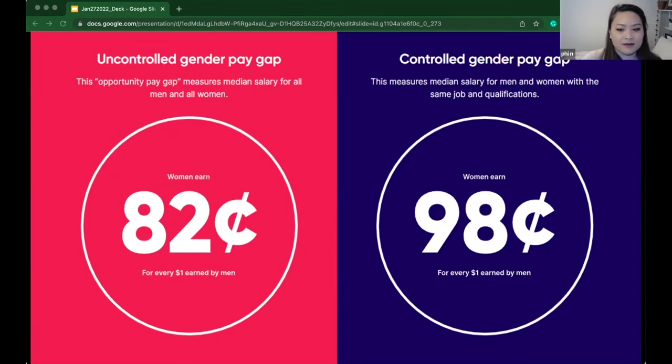And so I think many of you have seen those statistics, like Black women make 54 cents to the dollar, or Native women make so much. That is referring to the uncontrolled gender pay gap. And you'll see in the slide that there are quotes around opportunity pay gap, because it isn't that Black women are making 50 cents to the dollar for the same work.